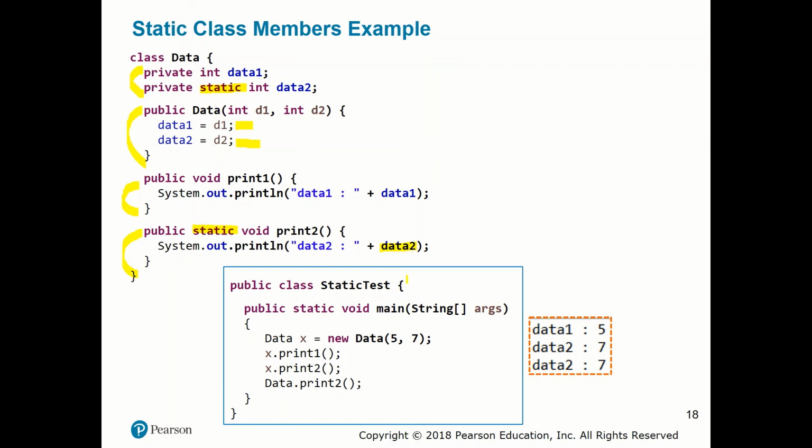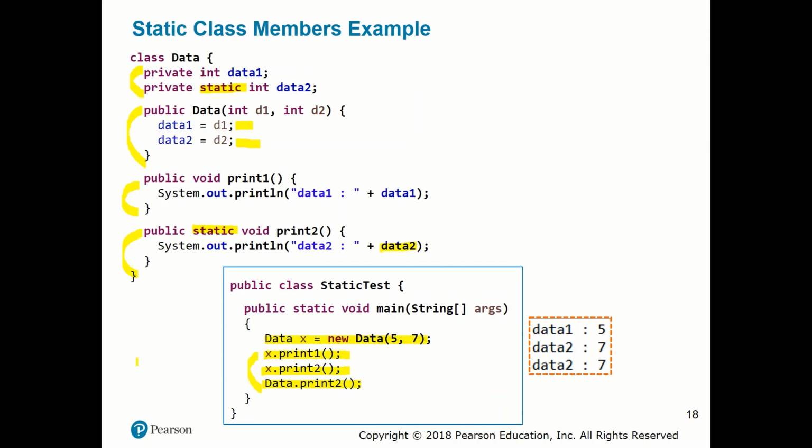And in the main, the object x is created, and x.print1, x.print2, Data.print2. Are these three lines okay for you? Think about this one. Yes, this is okay.